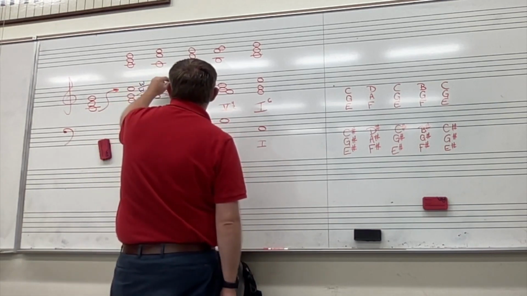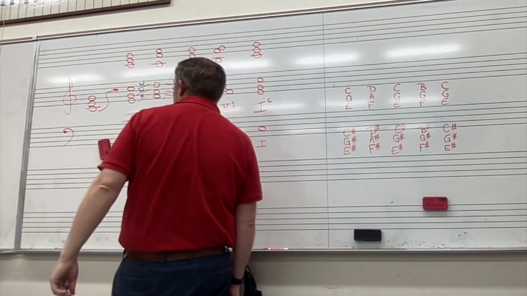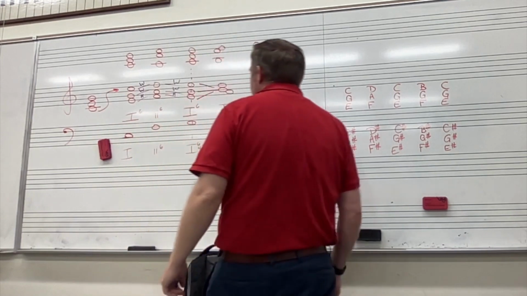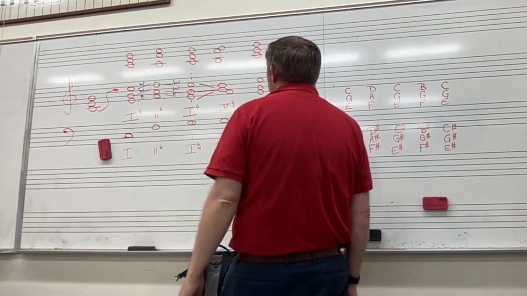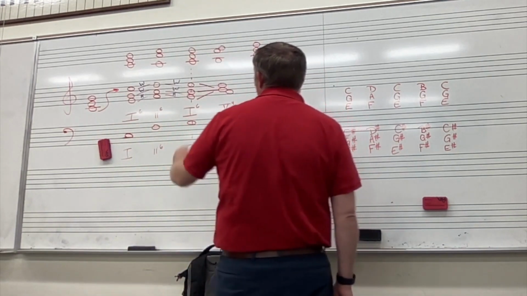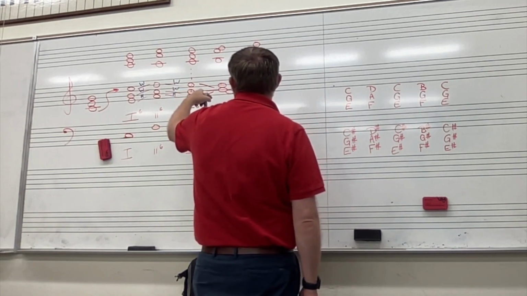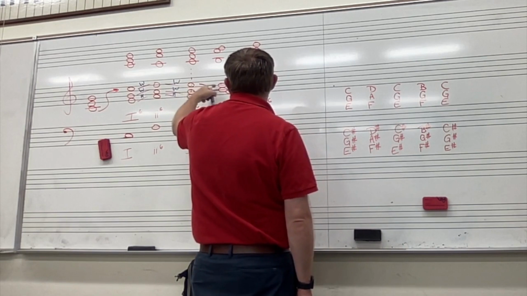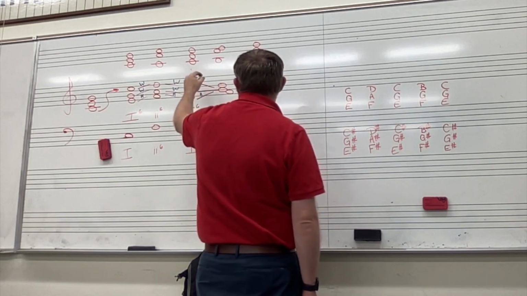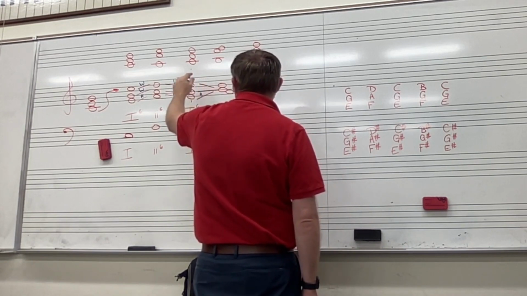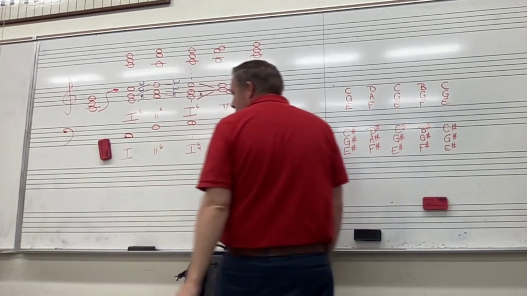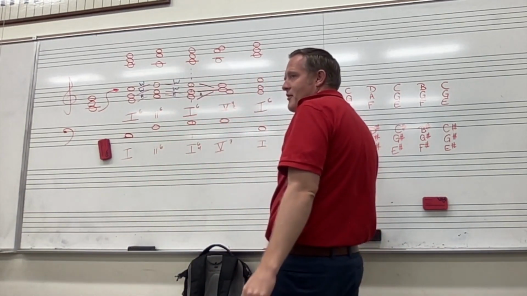And guess what? We move back in the same direction, the same distance. Sorry, the opposite direction, the same distance. Okay, here, the middle note stays the same. Bottom goes up by half. Top goes down by C to a B. C to a B is how far?